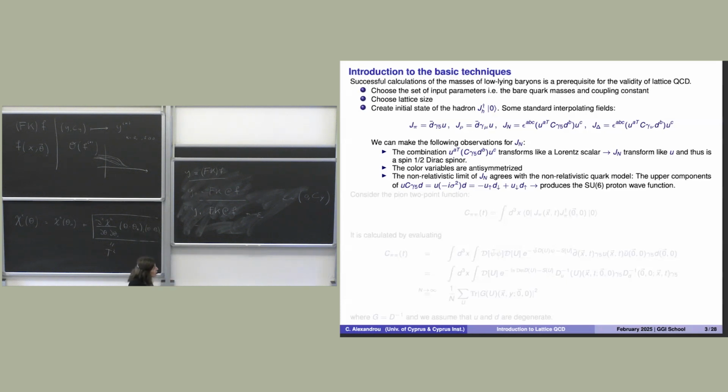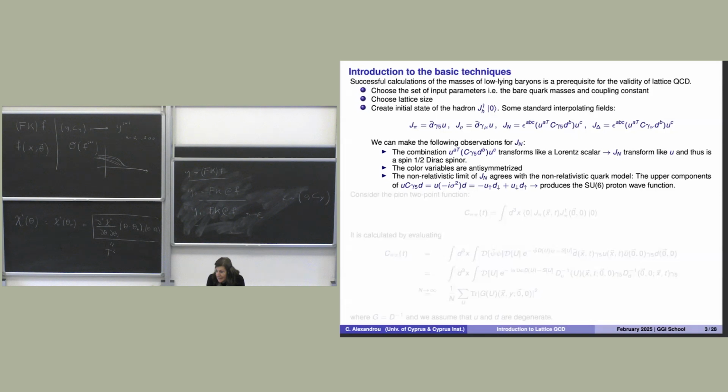So what do I do? I construct a creation operator which has the quantum numbers of the hadron I want to study, that acts on the vacuum. That's how I create a state. It's not the state that I want, it's a state with those quantum numbers, because if I knew the state, I would not do a calculation.